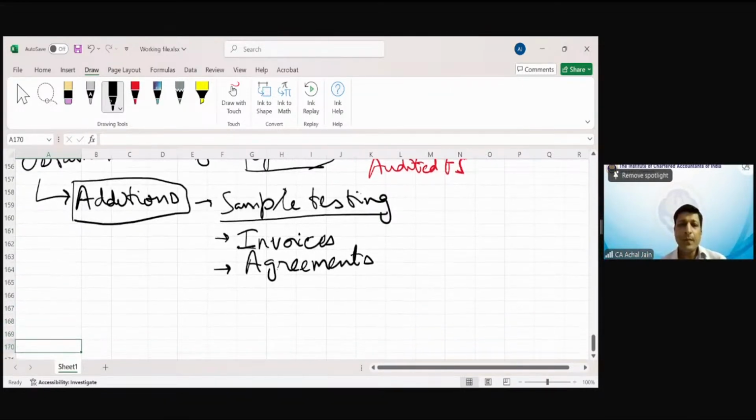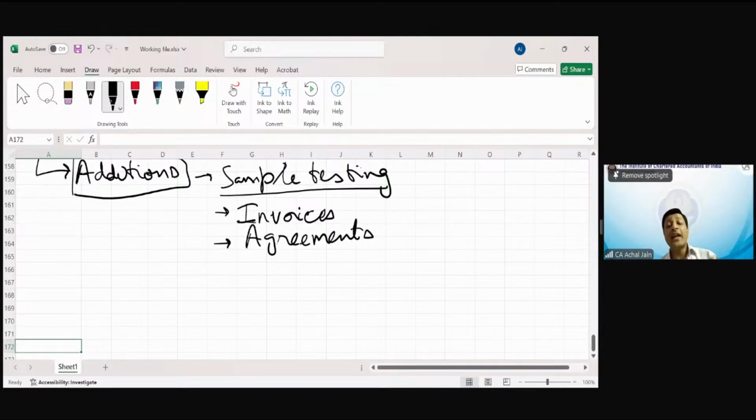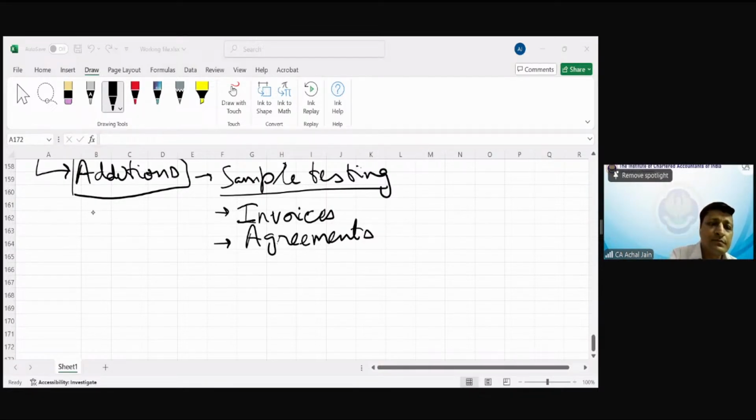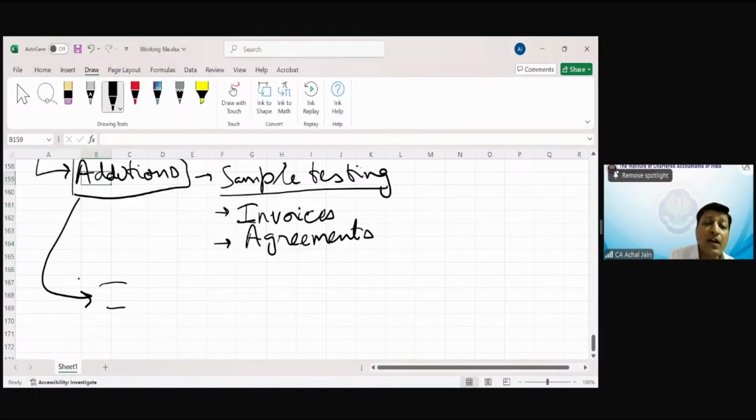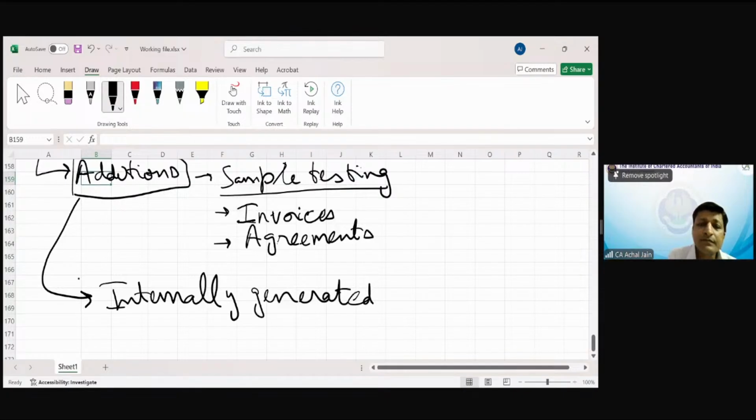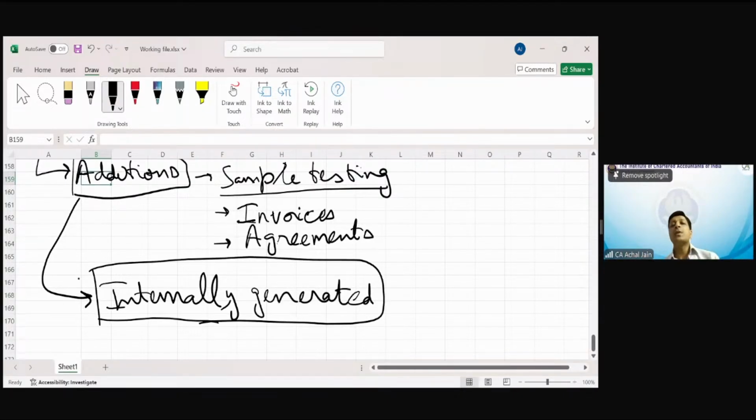But here again, the addition could be one wherein the asset is getting developed. So one, of course, is the sample testing. What if the asset is getting developed, which means it is internally generated? We understand that any internally generated goodwill will not be capitalized.